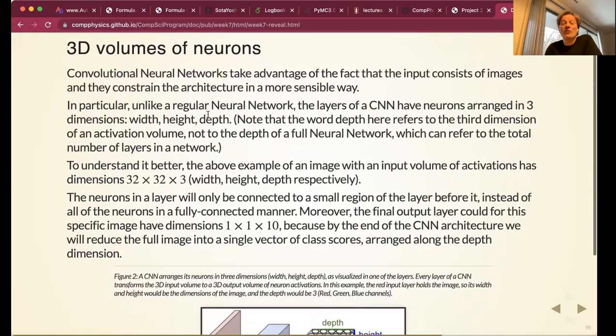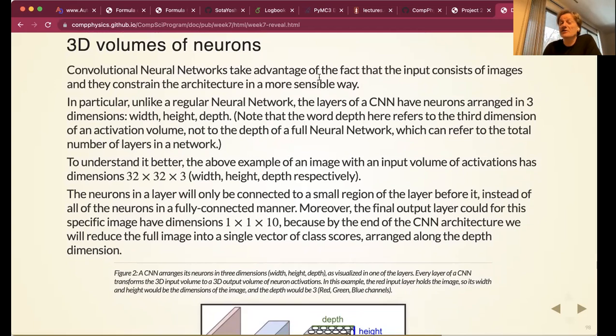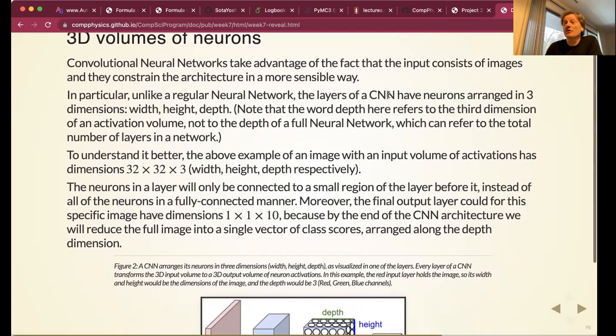So convolutional neural networks take advantage of the fact that the input consists of images, and they try to constrain the architectures in some specific way. These convolutional neural networks have often been trained on specific types of images. So if you're dealing with facial recognition, they have been trained on hundreds of thousands and millions of pictures of humans.